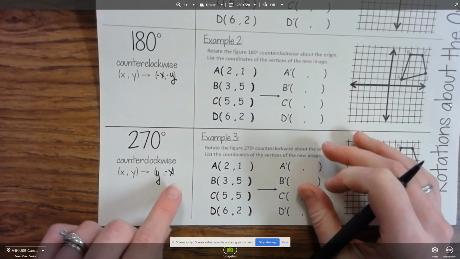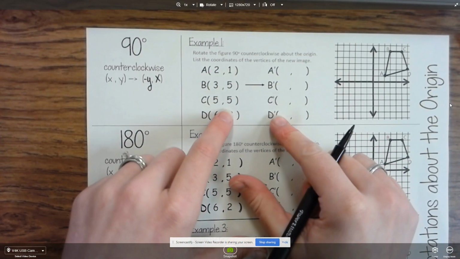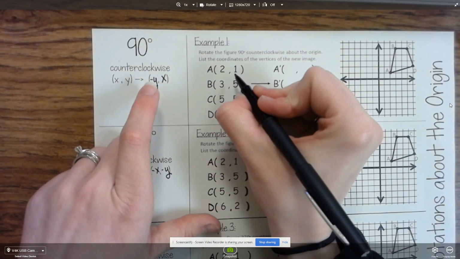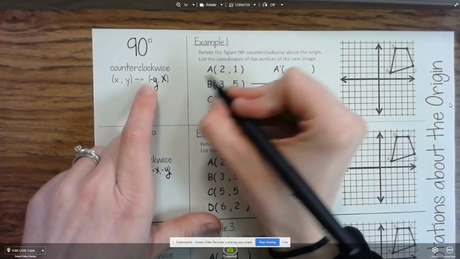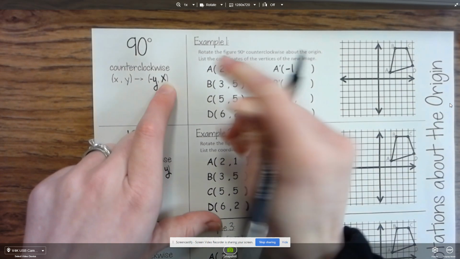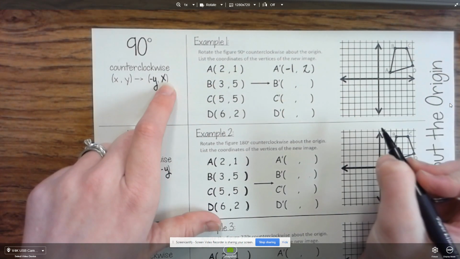And so what we're doing here is we're moving the coordinates and we're also changing the signs. So we're going to do it here. And so what we do is we take the y, and it now becomes the x spot. And then we have to make it negative. And then whatever is in the x spot, so that would be the 2, moves over to the y spot.